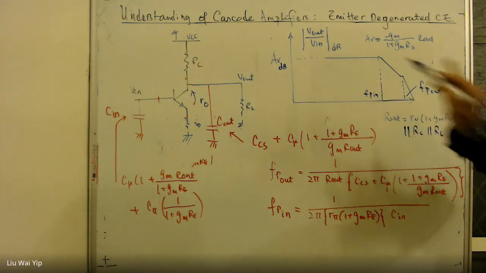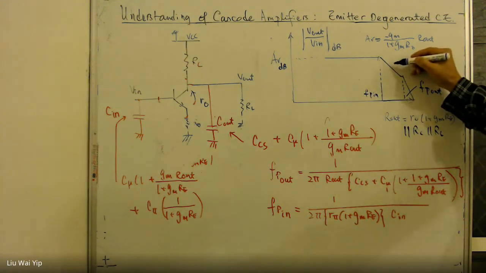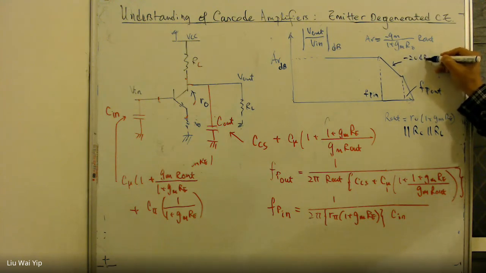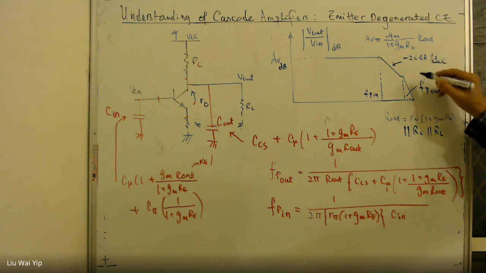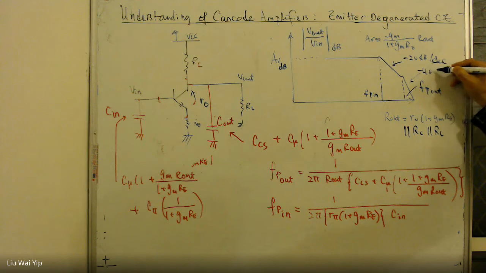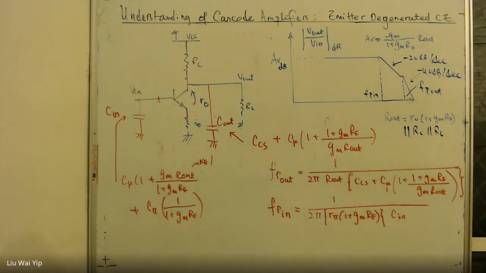The slope here is 0. The slope here will be minus 20 dB per decade. The slope here will be minus 40 dB per decade. So this is the way we plot the Bode plot.